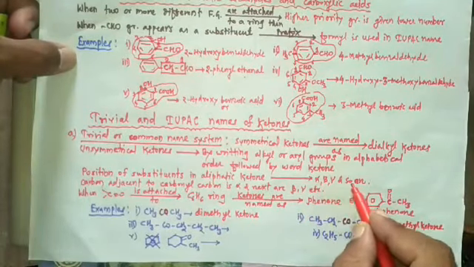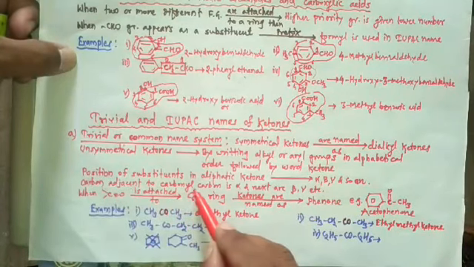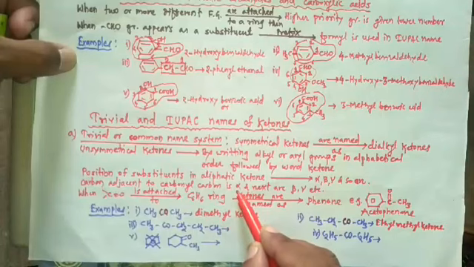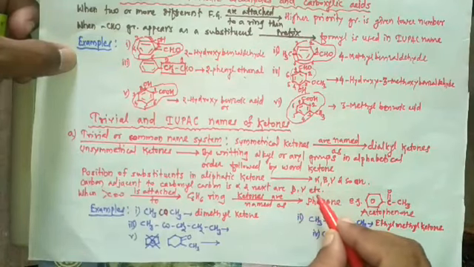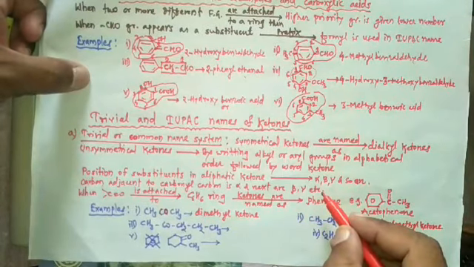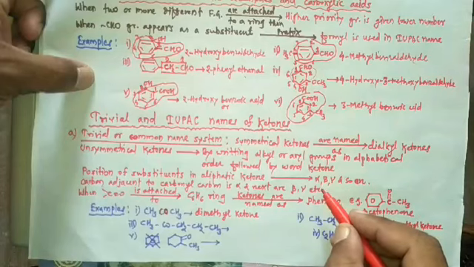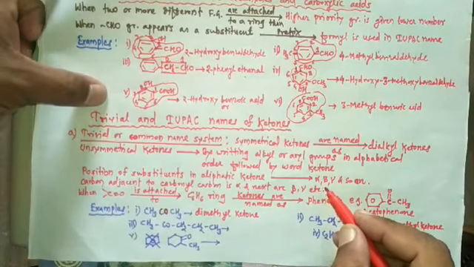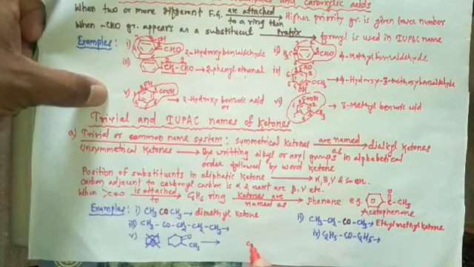The carbon which is adjacent to the carbonyl carbon is alpha, and next are beta and gamma, etc. So in this way substituents are represented by Greek letters. Let's take one example.